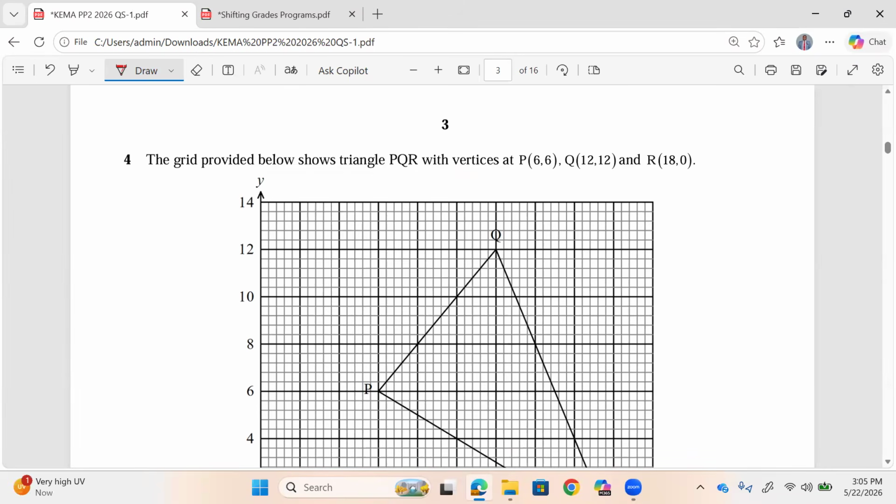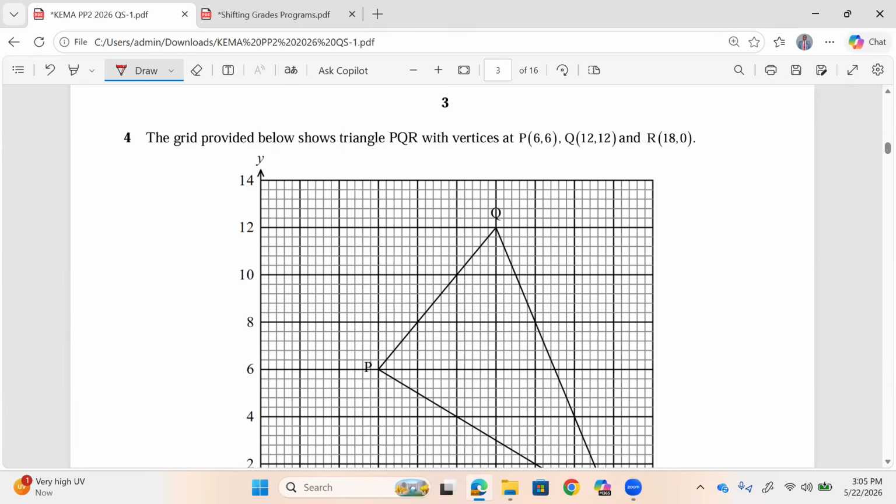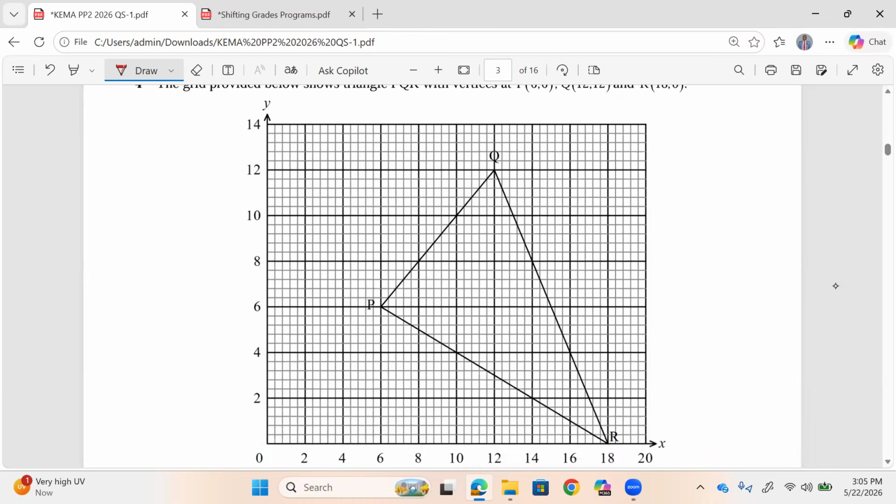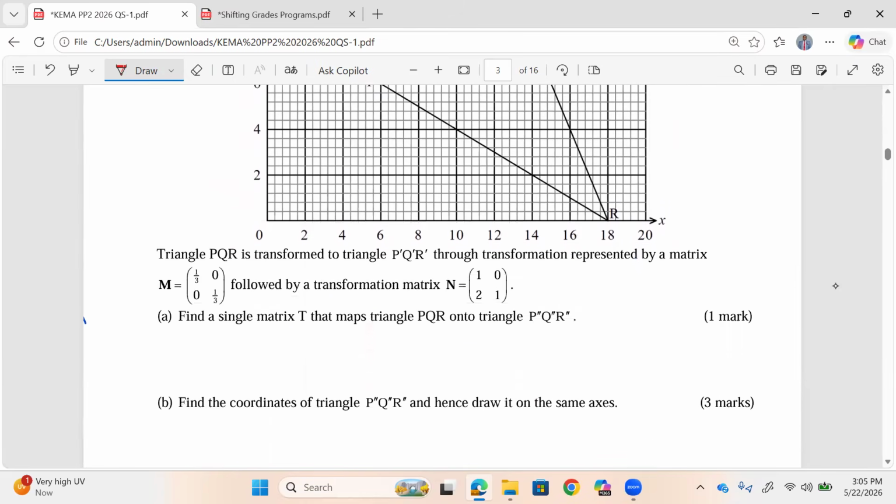So number 4 now. The grid provided below shows triangle PQR with vertices at P 6, 6, then Q 12, 12, and R 18, 0. You can see the triangle already plotted.